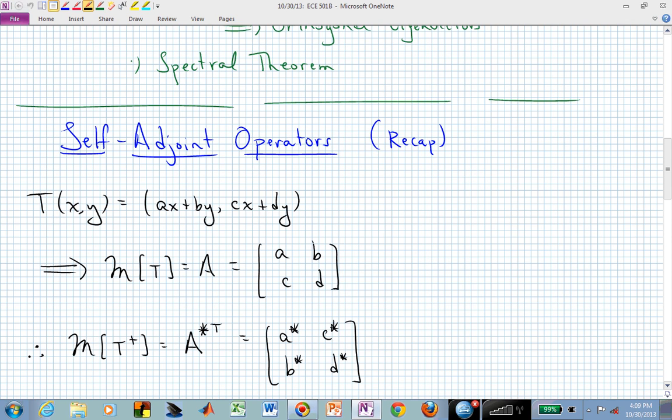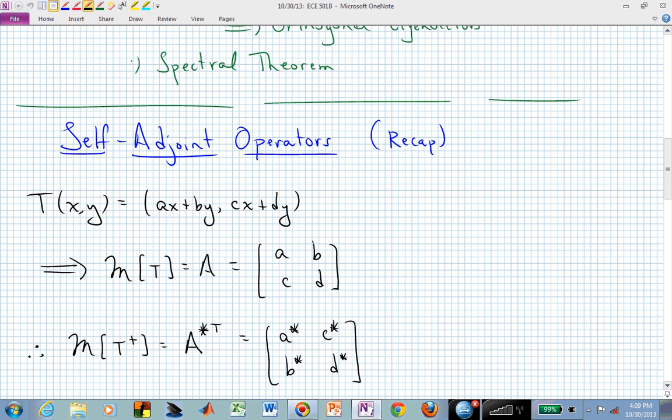So let's first find the matrix representation of the adjoint of T, which last time we said is the complex conjugate transpose of the matrix representation for T. We can do that pretty easily. We can transpose a 2 by 2. We don't do anything with the diagonal. We just flip the off diagonals, and now we conjugate everything.